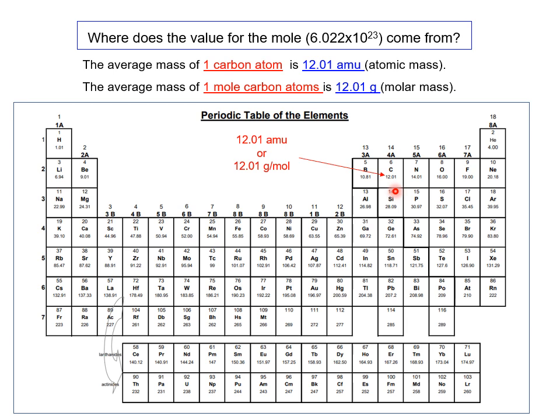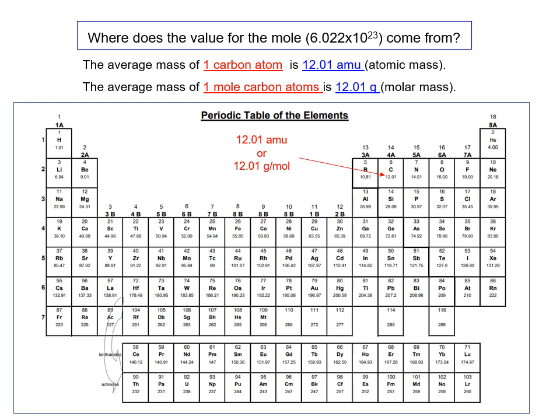So although this 6.022 times 10 to the 23rd number seems random, in reality, it allows us to use this bottom number on the periodic table, both in terms of atomic mass unit and grams per mole.